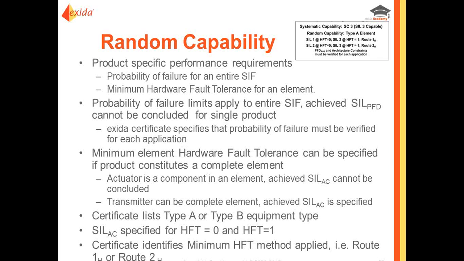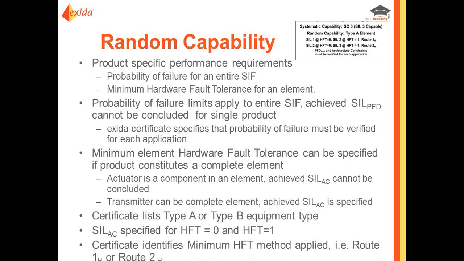Below the systematic capability in the box, we have random capability. And once again, this has a lot of important information in it. Random capability is the product-specific requirements. This has to do with the probability of failure for an entire SIF, and the minimum hardware fault tolerance for an element.